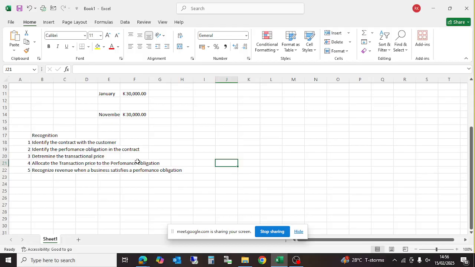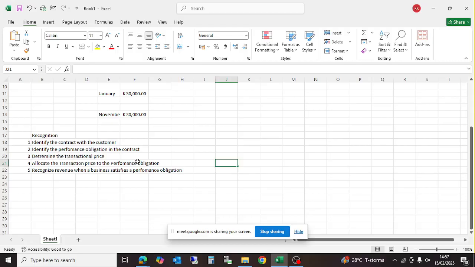Also, we have to ensure that both parties approved and are committed to fulfilling the obligations pertaining to that contract. It's an agreement, so we have to make sure that it's a literal agreement between two people. They both agree to fulfill the obligation or to make whatever payments they're supposed to make. So that's identify the contract with the customer.